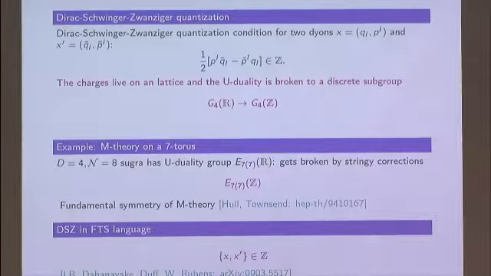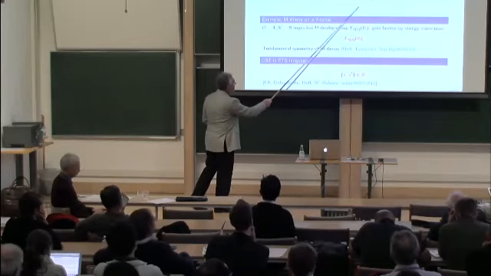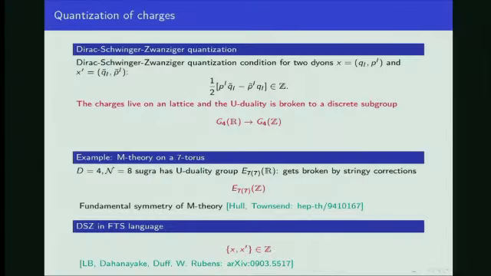And in the present context, that means that the U-duality group, instead of being defined over the real numbers, is now defined over the integers. So when I showed you that Reissner-Nordstrom black hole solution, Q was just any real number a priori, but in the quantum theory, it's quantized.